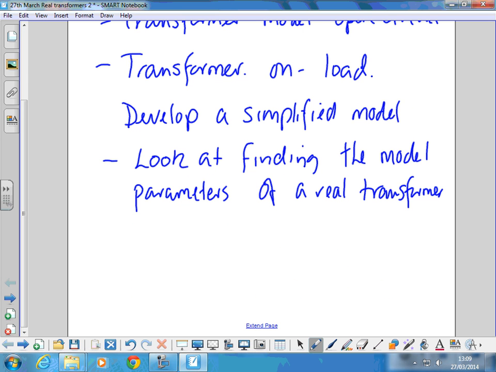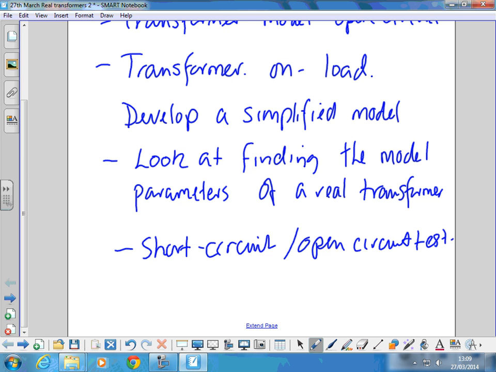We're going to do that through a short circuit and open circuit test. So we're going to do that on the transformer on the rig there later on. Do a short circuit open circuit test and use that to derive the parameters for the model and try and model that transformer. Okay, so that's what we're going to do today.